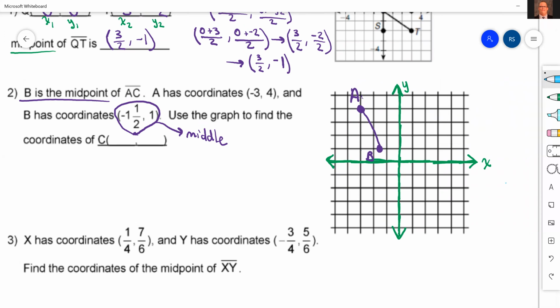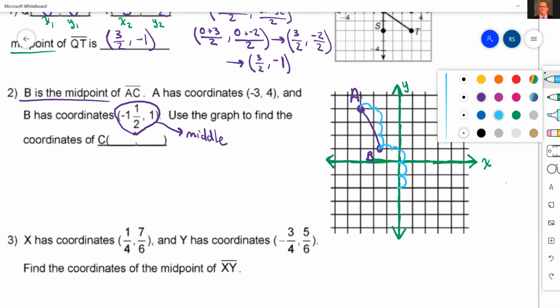I went over 1.5, and then went down 1, 2, 3. So I'm going to have to do the same thing. I'm going to go over 1.5, and then 1, 2, 3. So my new point.